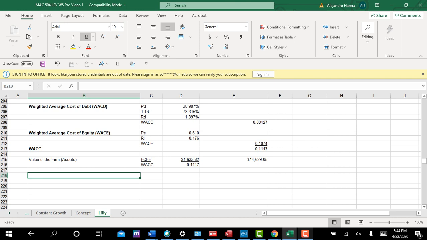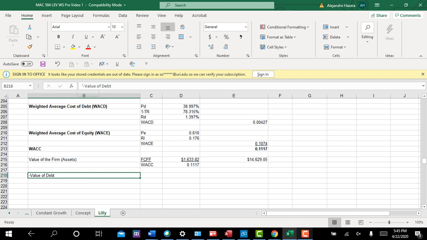Okay, and then we're going to add in, and keep in mind, I'll talk about the theory a little bit later on. But then I'm going to take the value of debt. Okay, we'll see what we get, and logically, that should be a negative, minus the value of debt.